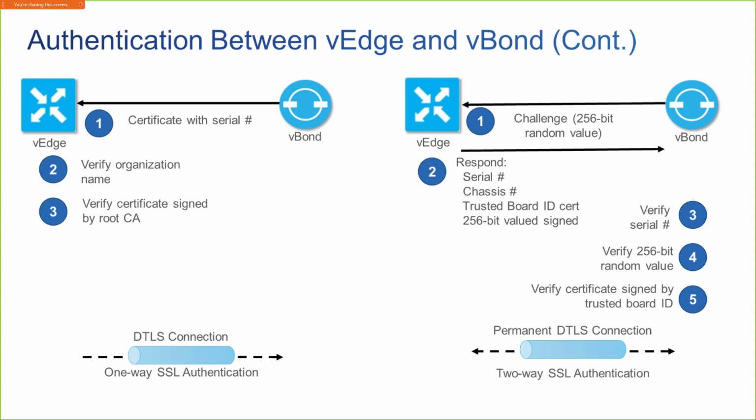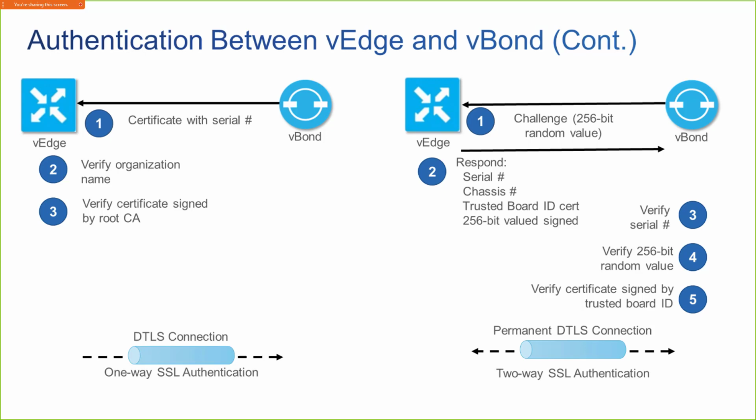There's a little bit more information that gets exchanged, like the vEdge serial number, the vEdge chassis ID, the board ID certificate, and some sort of random value that's signed by the private key. That's that challenge response type of thing that we talked about, where I send a challenge out and then you send a response so that I can verify that you have the appropriate public certificate based on the private certificate that I have installed.